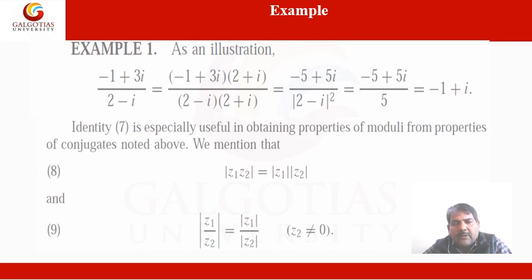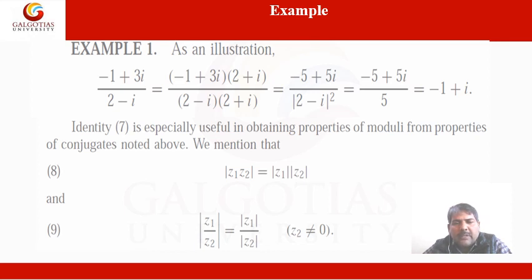So this becomes minus 5 plus 5i divided by mod of 2 minus i whole square, which is equal to minus 5 plus 5i divided by 5, which is equal to minus 1 plus i. This is the complex number in the form of x plus iy.